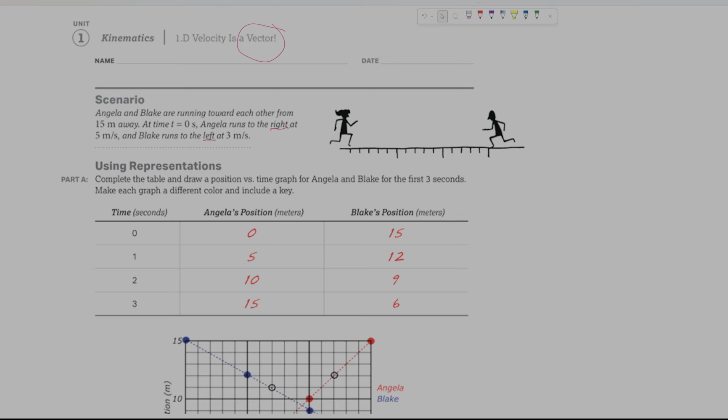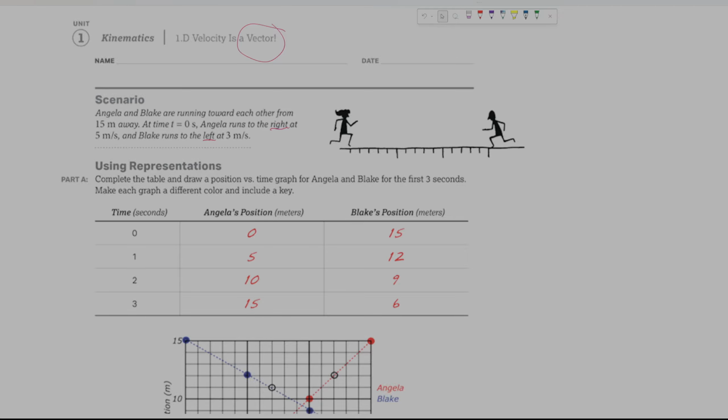So using representations, remember what I said a couple videos ago: you're going to have to represent phenomena in various ways, mathematically, visually, graphically. In this case, we have a data table here, and we're going to represent their motion with this data table. It's got a bunch of times, and it's got Angela's position and Blake's position.